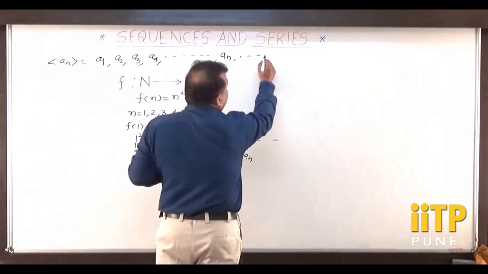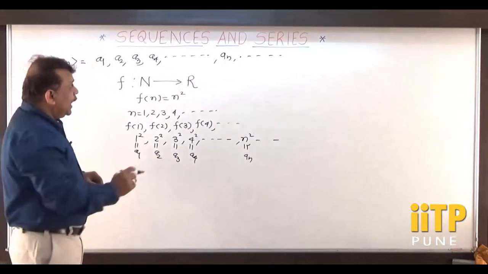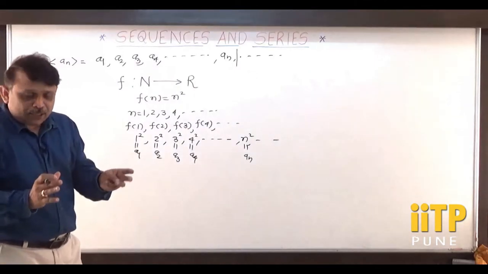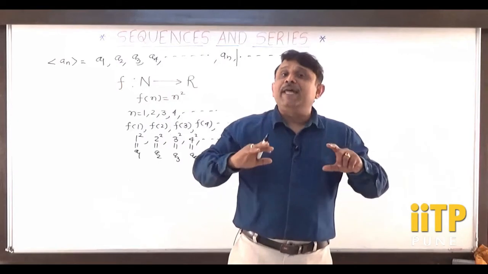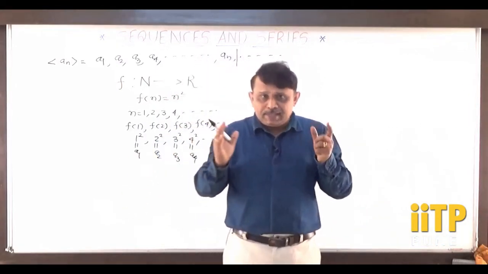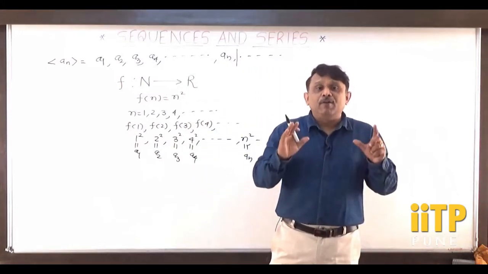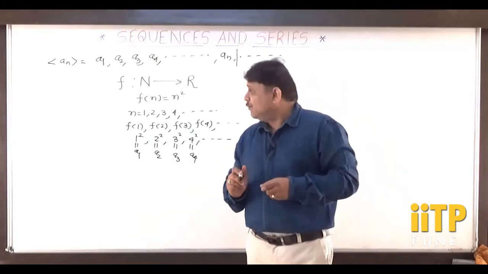If I continue this, it is called an infinite sequence, and if I stop over here, it is called a finite sequence. In short, a sequence which contains an infinite number of terms is called an infinite sequence, and a sequence which contains a finite number of terms is called a finite sequence. So in two different ways, one can define a sequence.